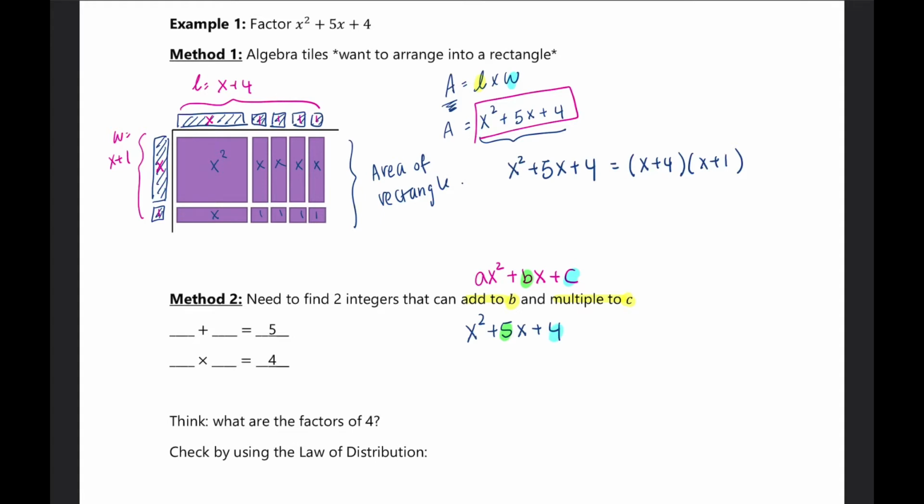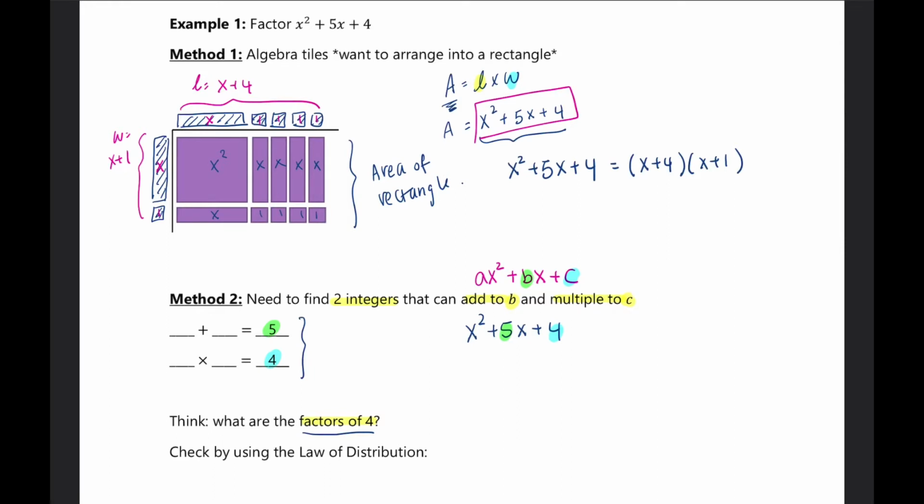So we need to find two integers that can add to 5 and then multiply to c, which is 4. Let's think about what the factors of 4 are. You can guess and check from here, or you can start with figuring out the factors of 4.